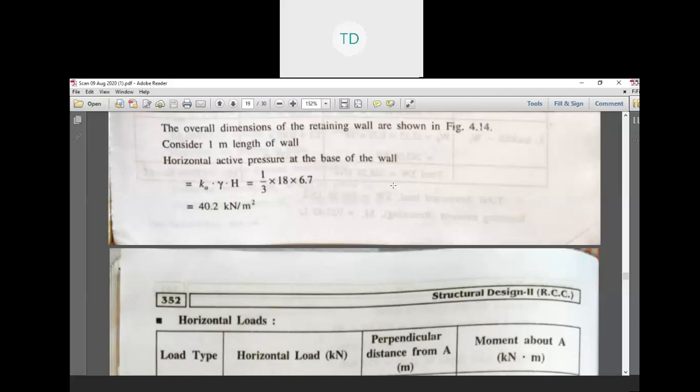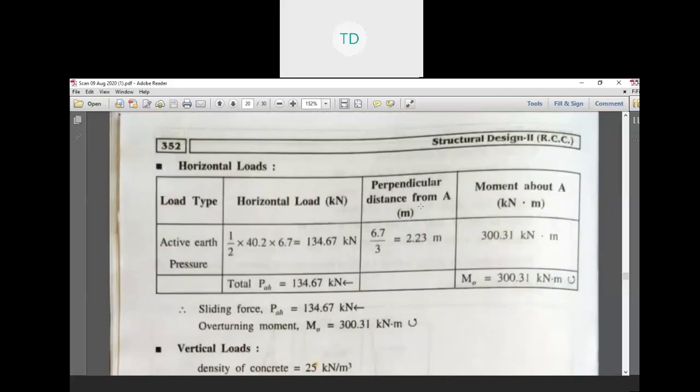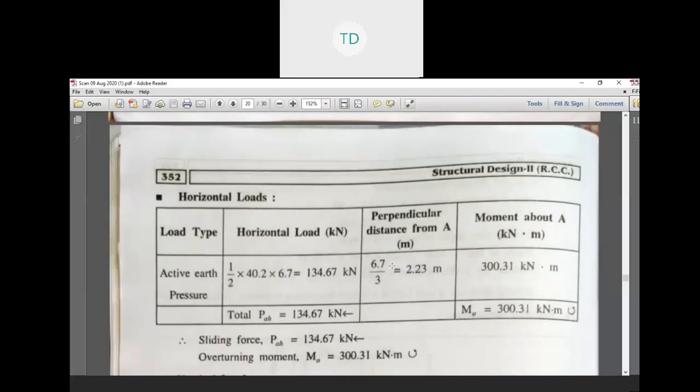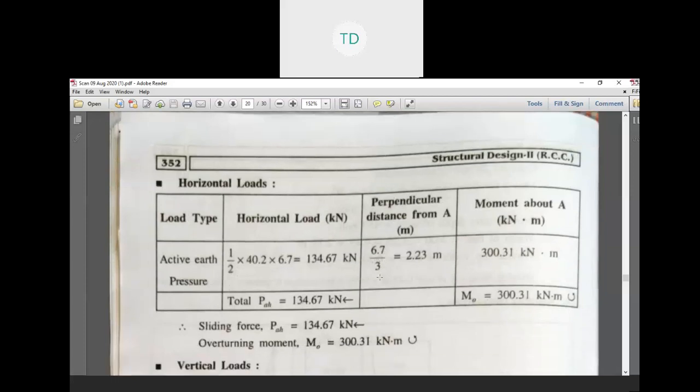Now, the perpendicular distance from point A. The total height is 6.7, and the perpendicular distance is divided by 3, because in mechanics of solids we study the area chart and moment distribution, also center of gravity and moment of inertia.